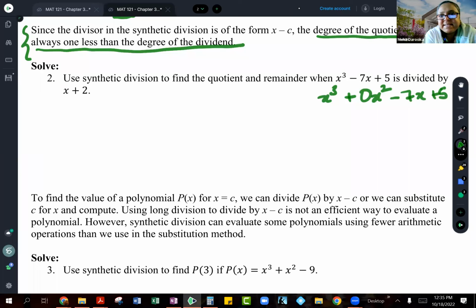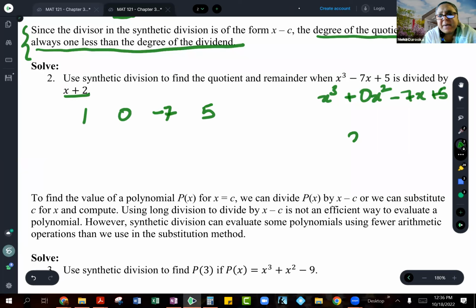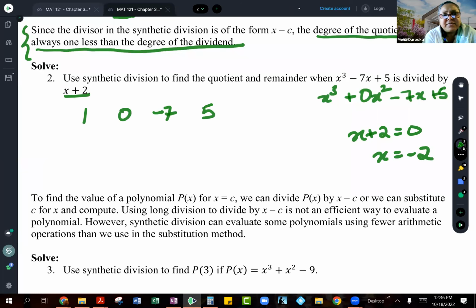Now, when you set this out, my coefficient on x to the third is 1, my missing term 0, then my negative 7x, so the negative 7, and our constant term was the 5. They're asking you to divide this by x plus 2. So set that equal to 0, and you can see this comes out to be x equals negative 2.